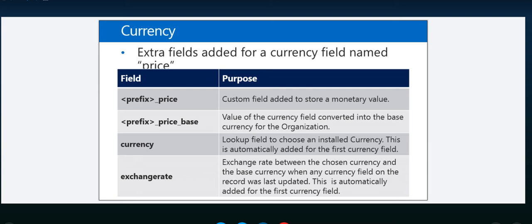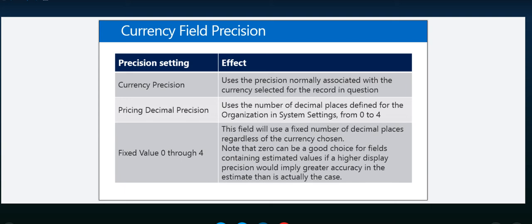So when it comes to currencies, as I mentioned earlier too, there are some precision options we talked a lot about. So you can use that precision in order to see how many decimals are actually needed. Usually the currency precision from the systems I've seen is set to 2, because that's usually how people use currencies. There are some comments here that a 0 value for currencies could be a good option for fields where you don't want to be too specific.